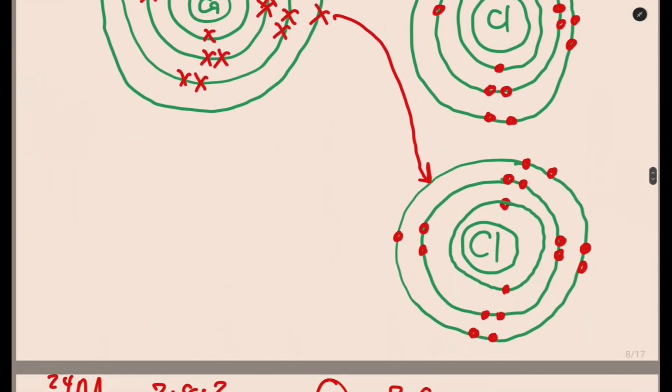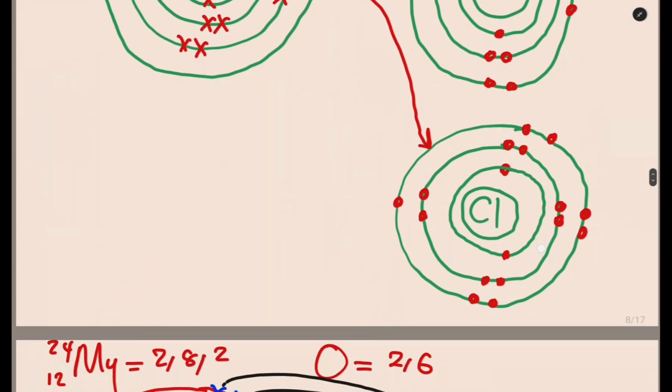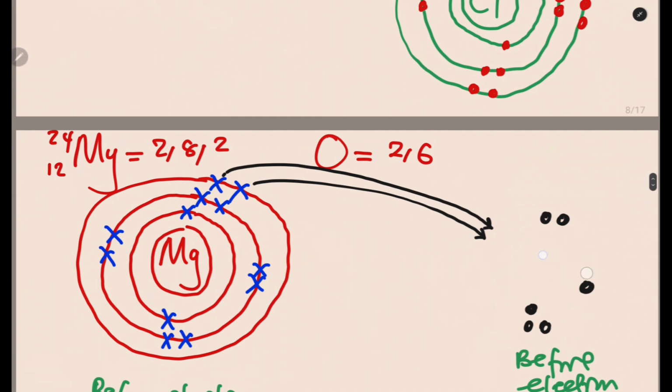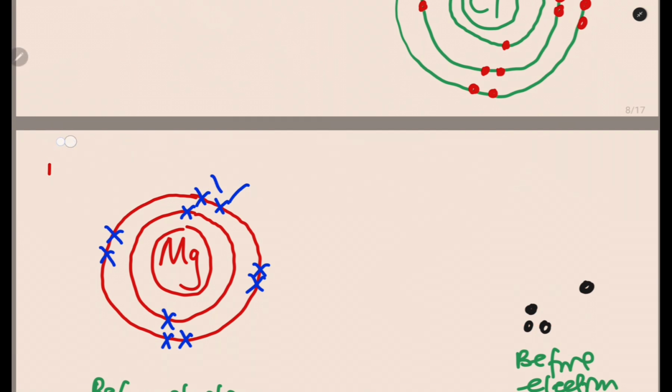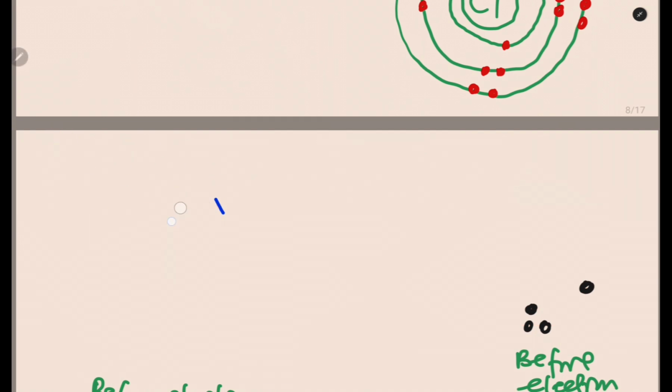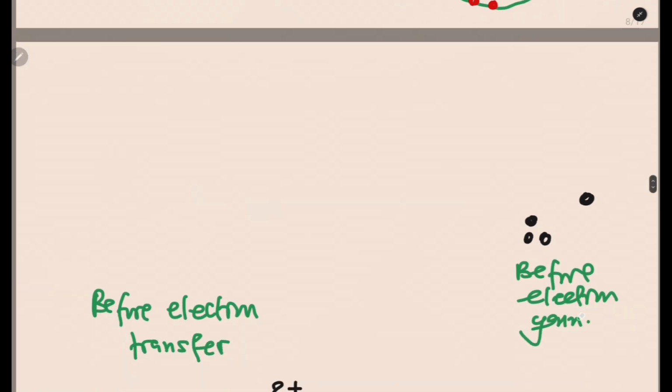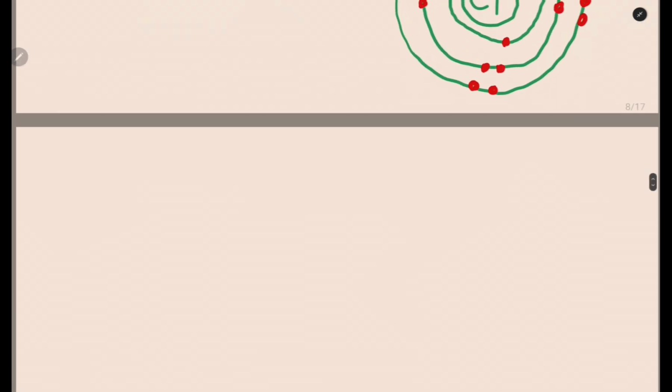Okay, so that is the before an electron gain. Okay, so this is before. Now after, how is it going to look like? After now, electrons have been gained. Okay, so calcium, it is going to be like this.